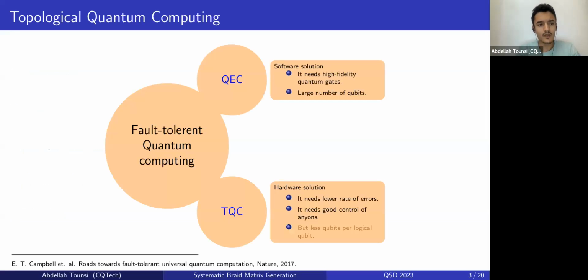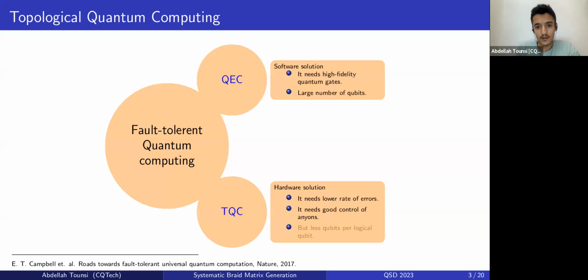So we know that quantum computing is so promising to solve many problems. However, we know that quantum systems are noisy and have stringent requirements. So it is necessary to make fault-tolerant quantum computation. For that, we have two big frameworks.